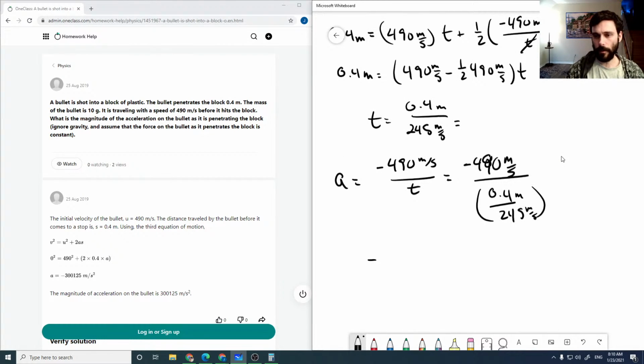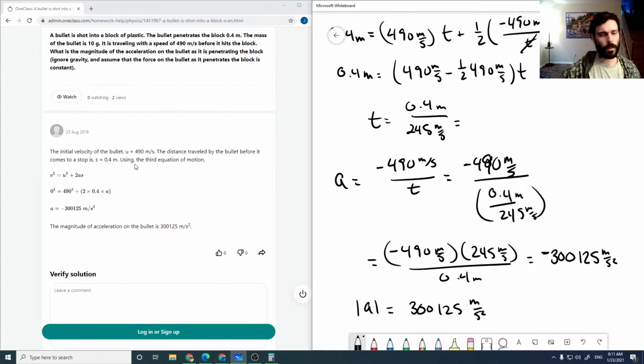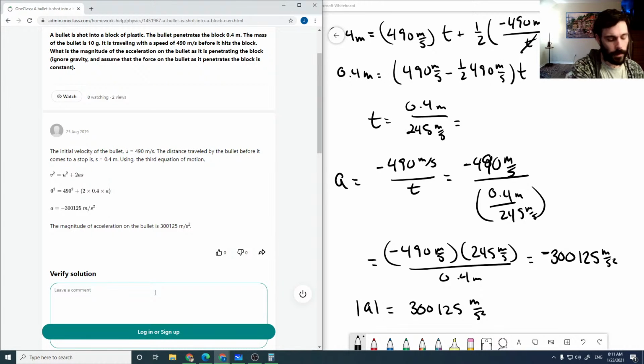This flips around, so this would just be 490 times 245 all over 0.4, which is minus 300,125 meters per second squared. And so the magnitude of our acceleration is the unsigned value, which is just 300,125 meters per second squared. Okay, so we check the solution. That is indeed what was found, so that is correct.